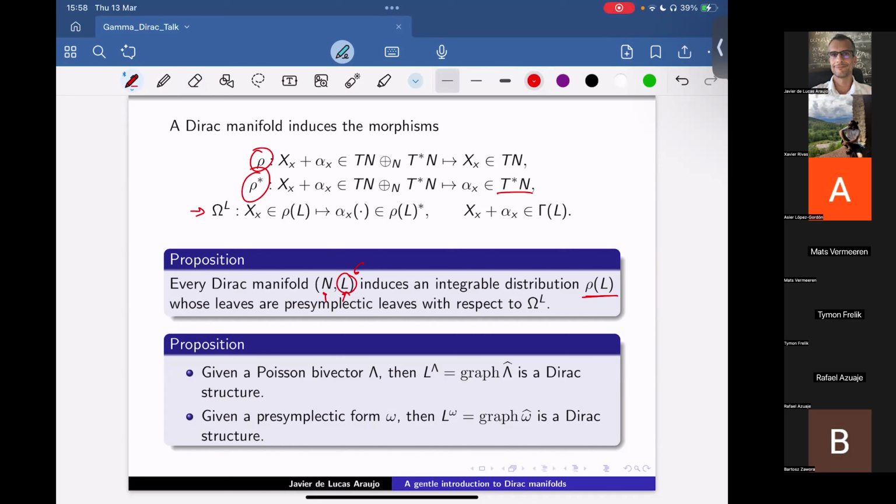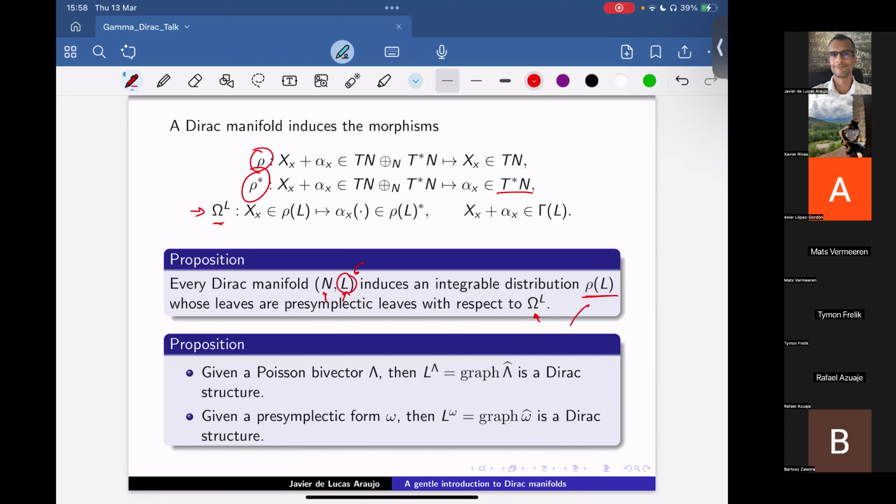The integral submanifolds of this distribution are presymplectic leaves, with respect to this two-form.